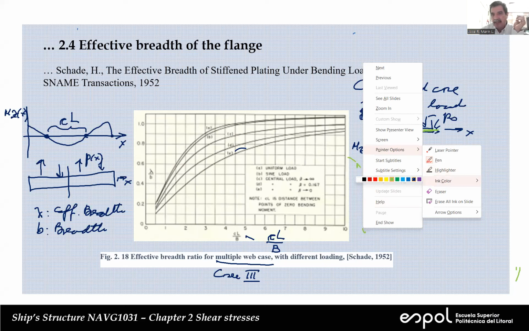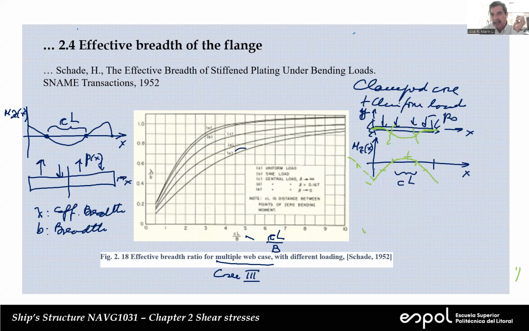Eventually, if we want to calculate the effective breadth in this part, we take this here, there's a CL. So we can calculate a CL for this area and another for this one here. After we find this, we can calculate CL over B. Please, this is big B.